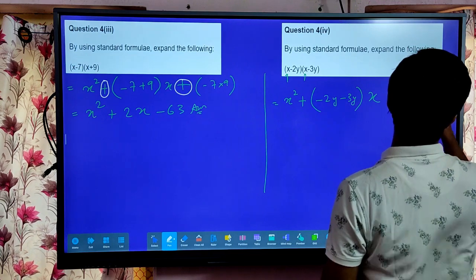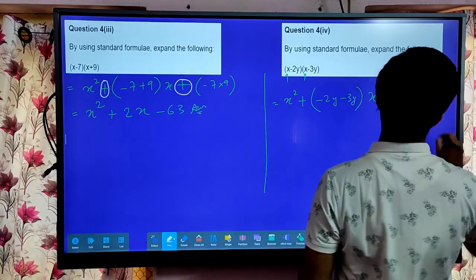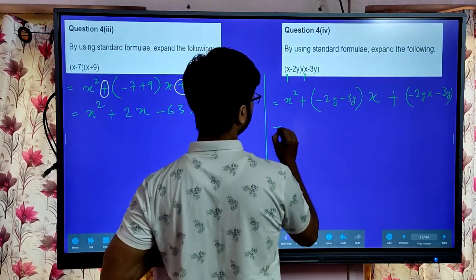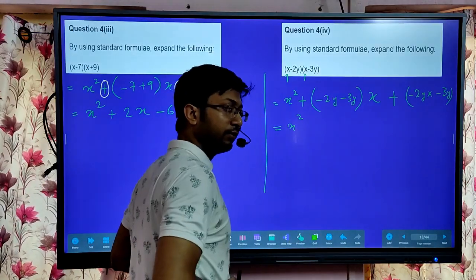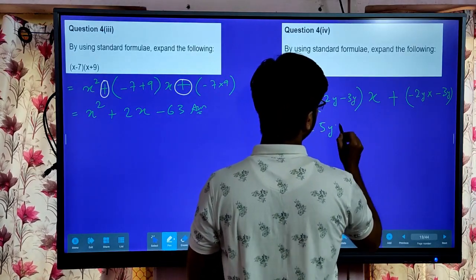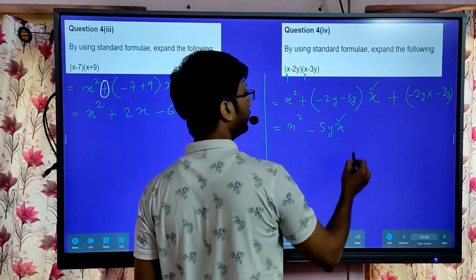Okay, so simplify this. It will be x square, this is minus 2y minus 3y, which will be minus 5y. Minus 5y into x, don't forget this x, this is there, minus 3y minus 5y into x.